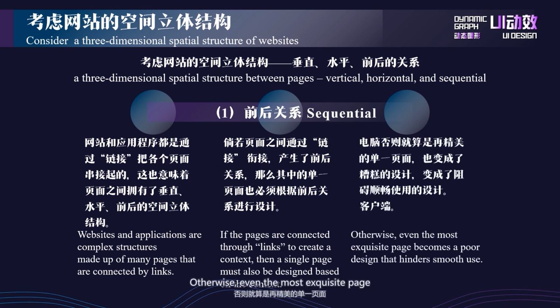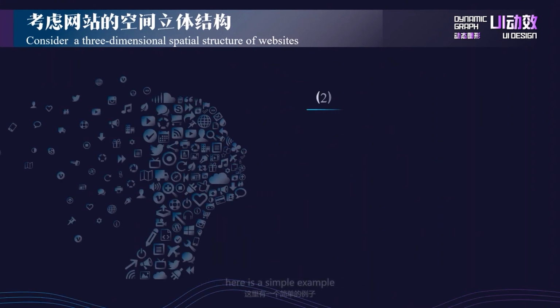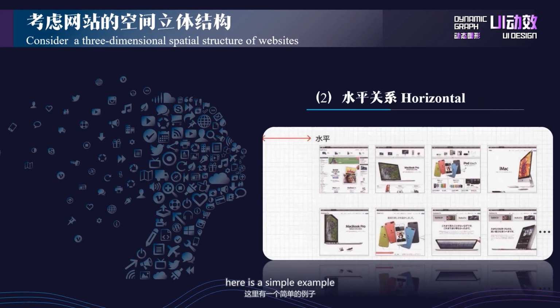Otherwise, even the most exquisite page becomes a poor design that hinders smooth use. In order to give you a better understanding, here is a simple example, the picture of the various pages of the Apple website. Why it is necessary to design websites and applications through a three-dimensional perspective and concept.